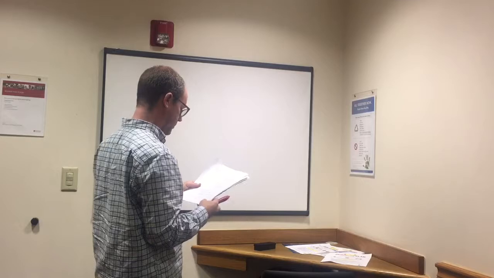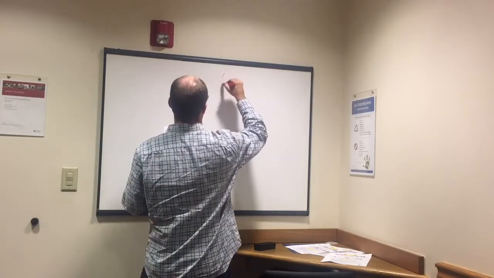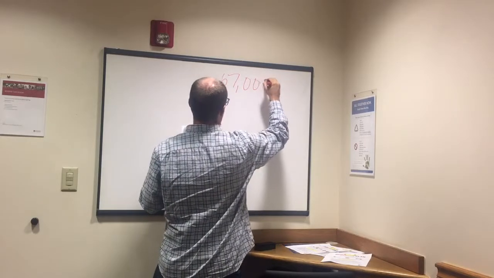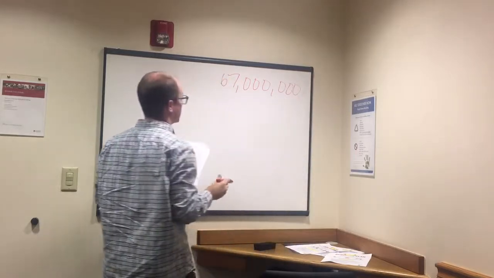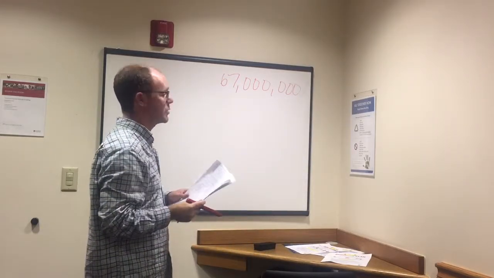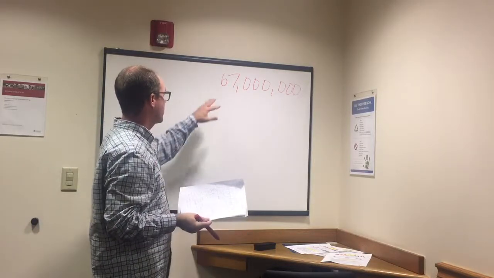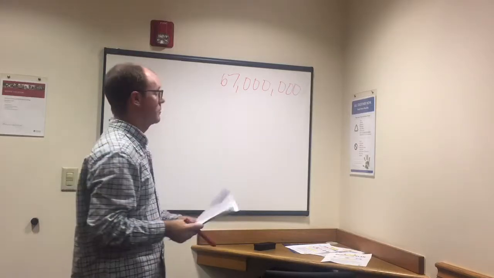But sometimes you'll be looking at something different. So what if they gave you 67 million? Now we're just doing this process in reverse. They give you 67 million, and when you look at your answer choices, it's definitely all going to be 6.7 times 10 to the something.